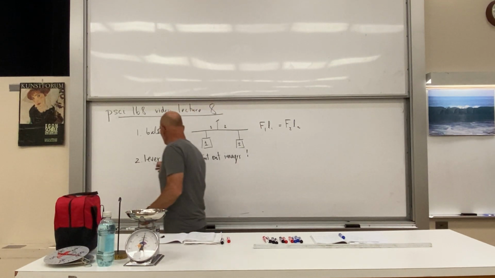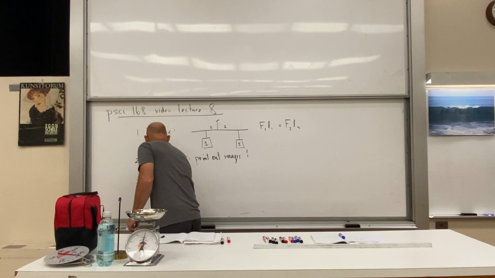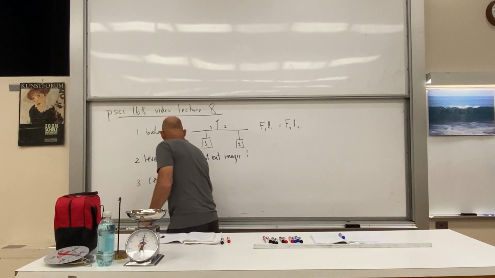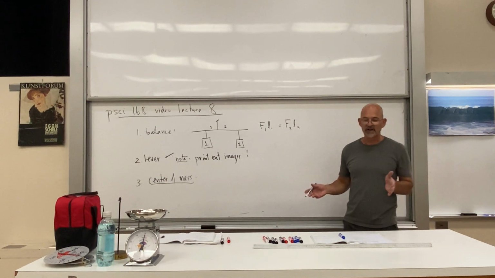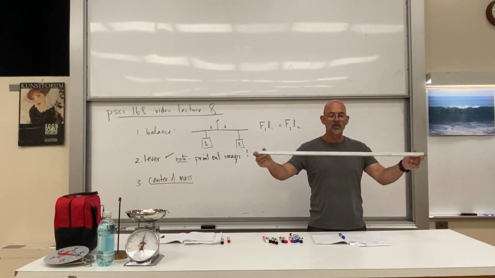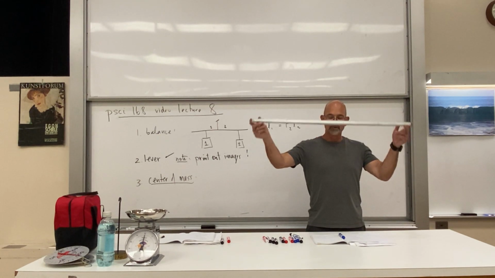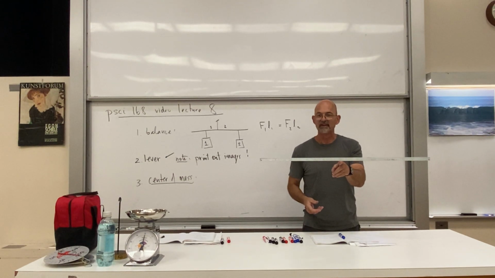Then this very important concept of center of mass. It's the balance point, and in a symmetric object, it's literally the geometric center. Because this is a uniform rod here, at halfway, at the midpoint, is where the center of mass is, and I can balance it there.